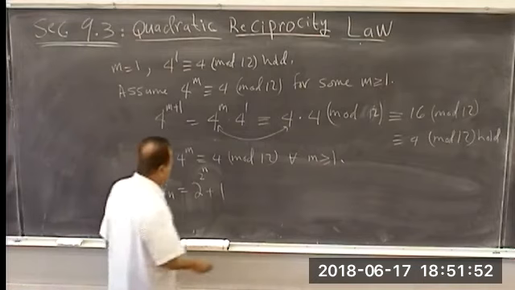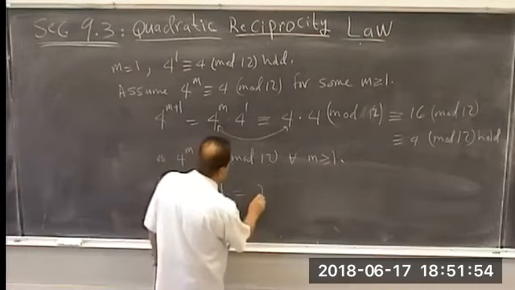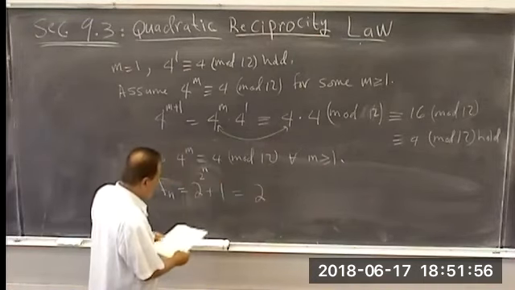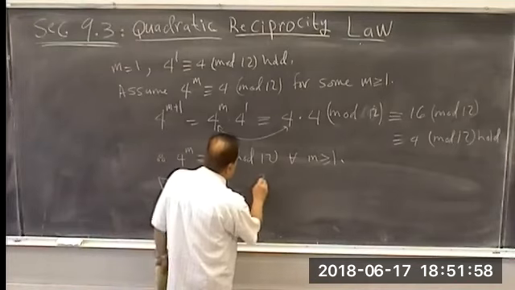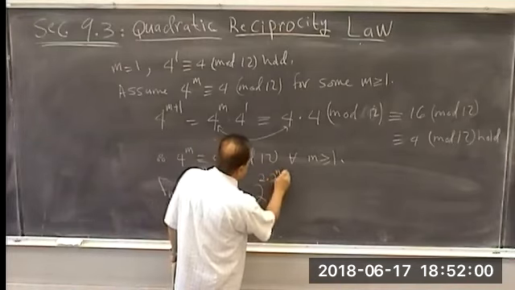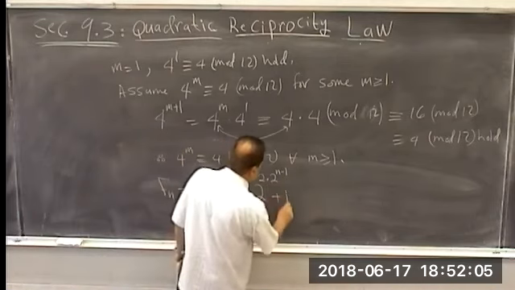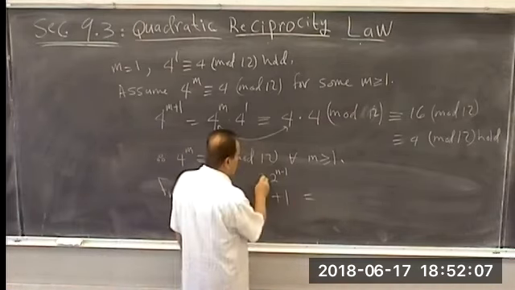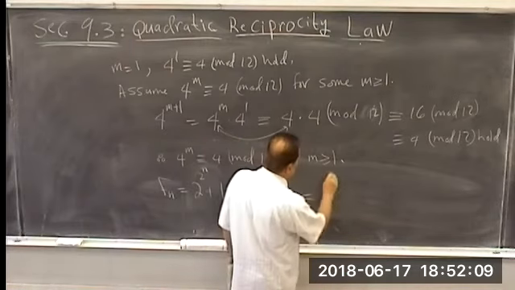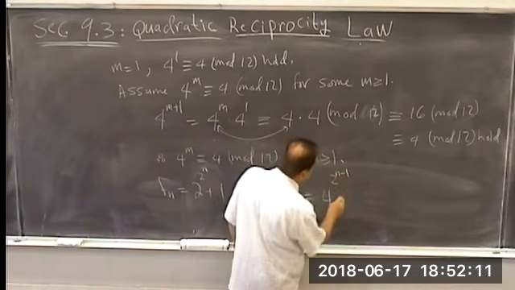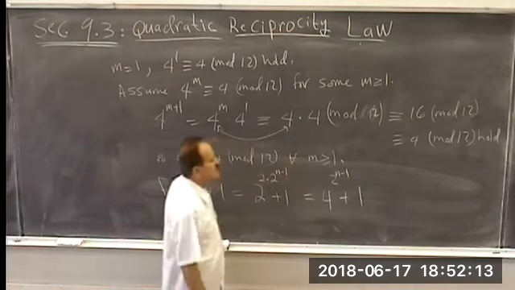And we can write this as 2 to the 2 multiplied by 2 to the n minus 1, plus 1. Now I want to take this as 4 to the 2 to the n minus 1, plus 1.